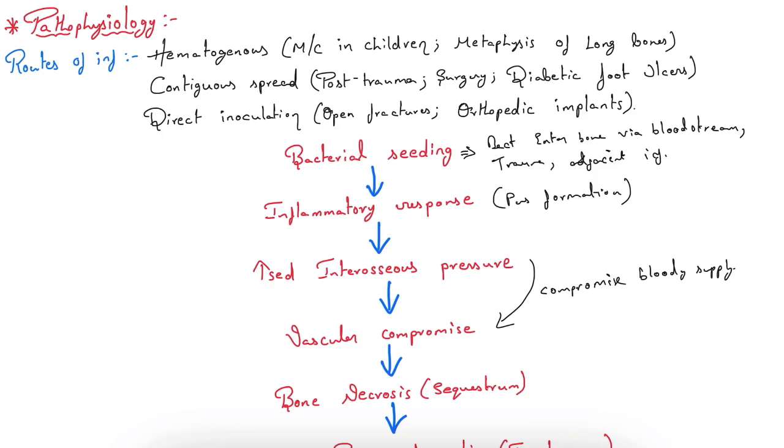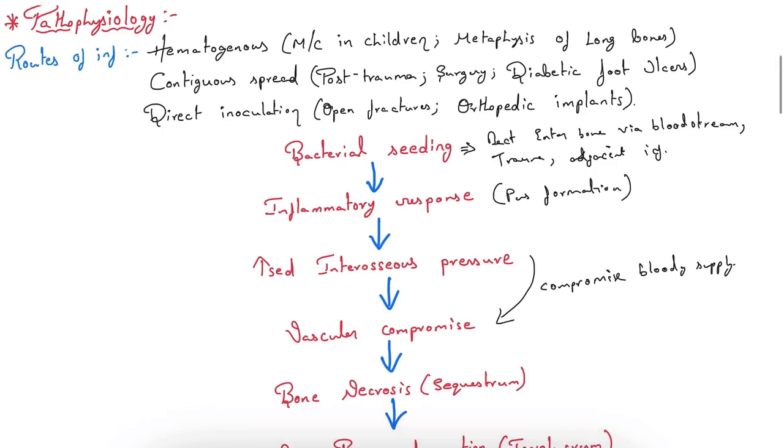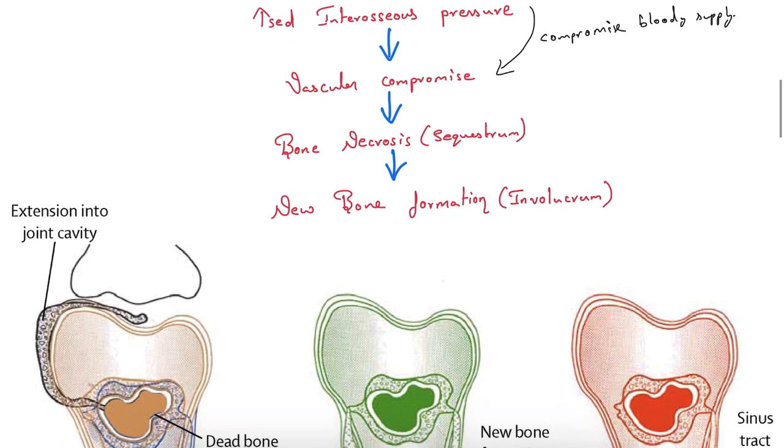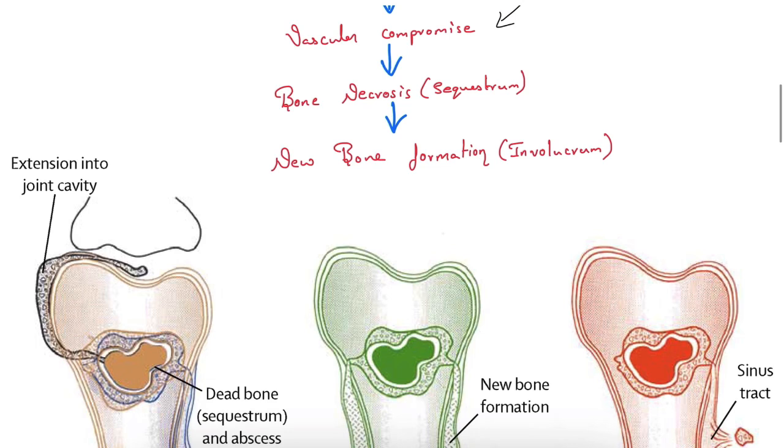Because of that ischemia, we can see bone necrosis. After bone necrosis we can see the sequestrum. Sequestrum simply means the necrotic bone. Then the body forms some new bone over the necrotic bone, and that new bone we call involucrum.